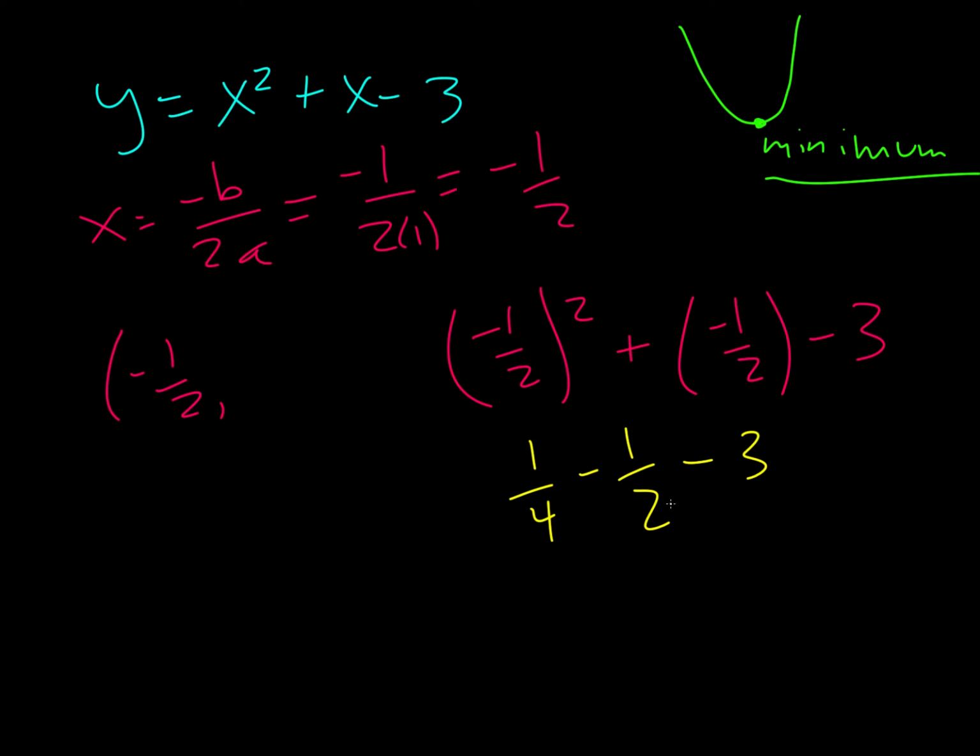We want common denominators, so multiply this by 2 over 2. This is like 1, multiply this by 4 over 4. So we get 1/4 minus 2/4 minus 12/4. So that's negative 14 plus 1, so negative 13/4.